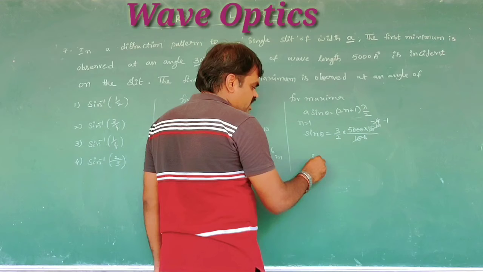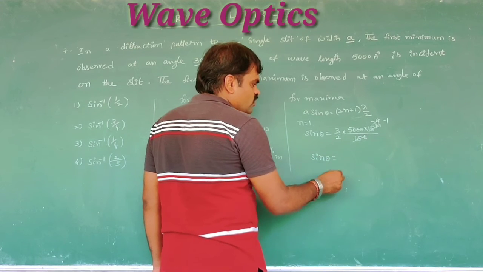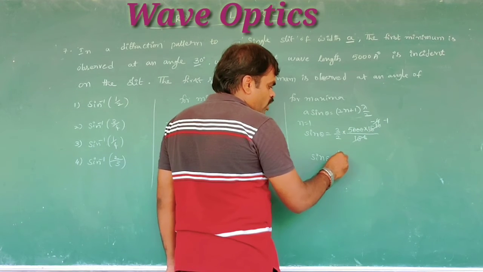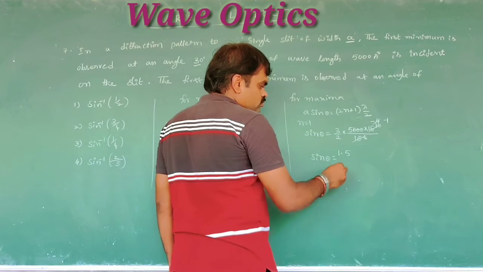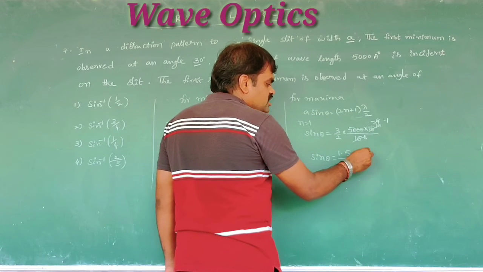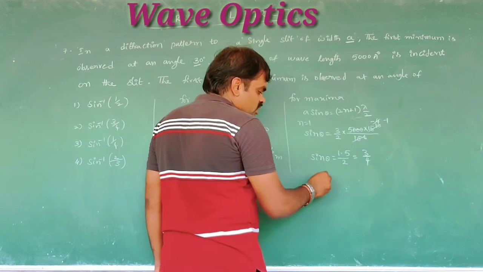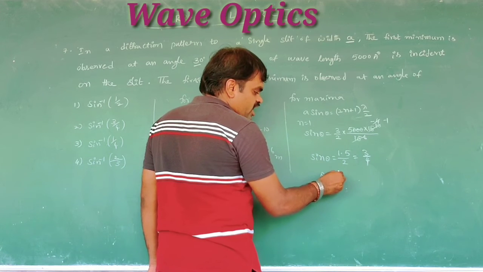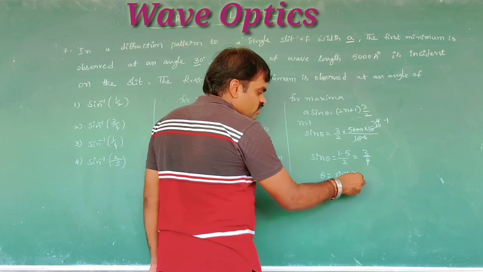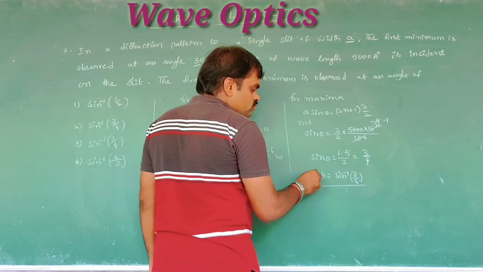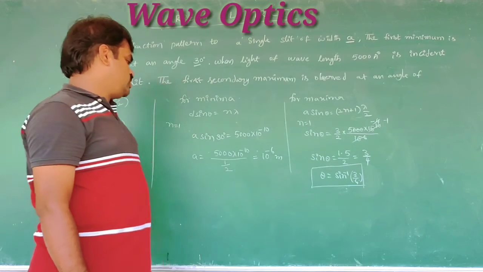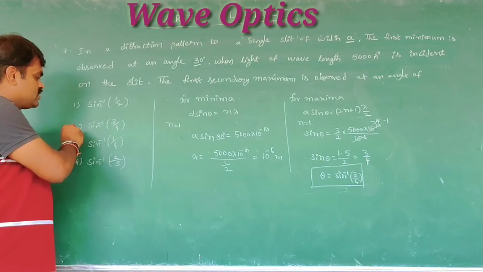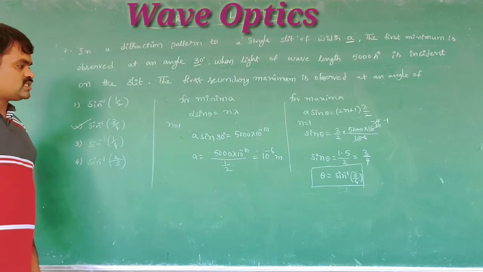That is sin theta is equal to 1.5 by 2, that means 3 by 4. Theta is equal to sine inverse of 3 by 4. This is the option. Which one? The second one is the correct answer.